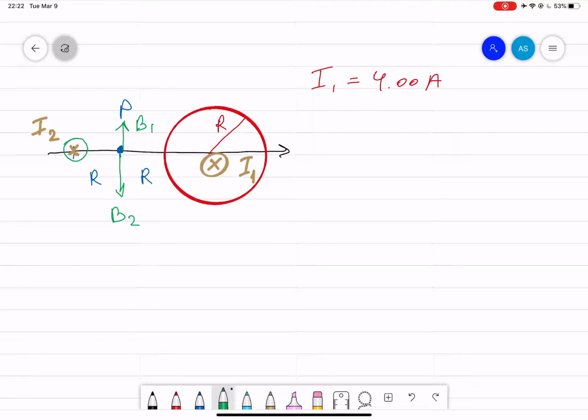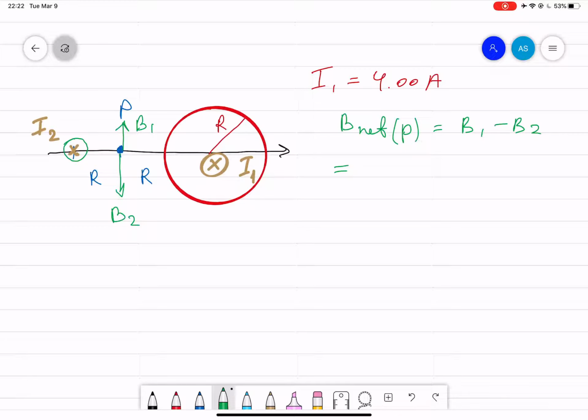So the net magnetic field at point P is equal to B1 minus B2, because B2 is pointing downwards. This is equal to the magnetic field at the center of the rod that is coming from current 2.